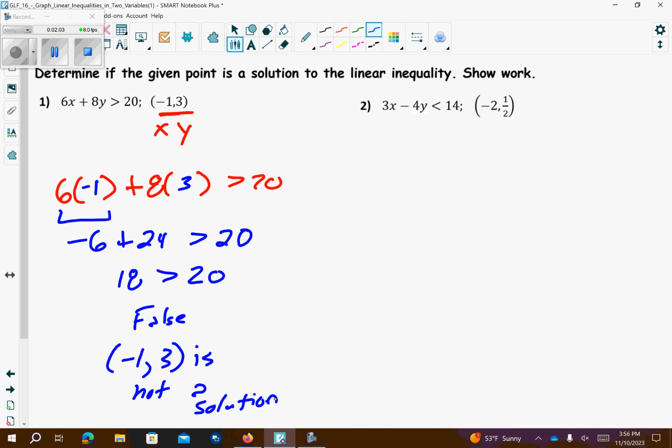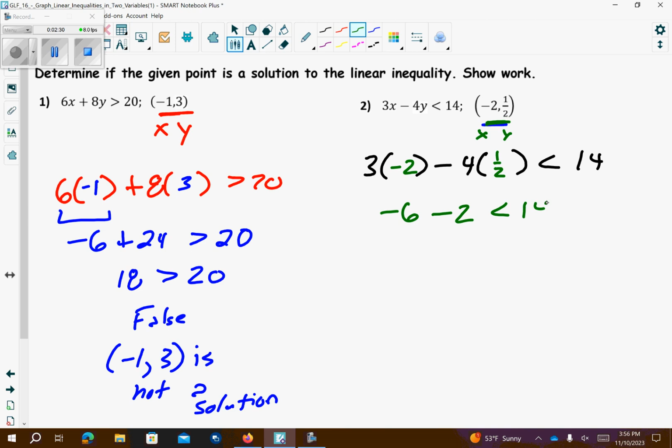Okay, let's move forward to the next one. We're going to see if this point here is a solution. So I have 3x, minus 4y, is that less than 14? Let's plug these values in. I have -2, which is my x value, and 1/2, which is my y value. 3 times -2 is -6. -4 times a half is -2.